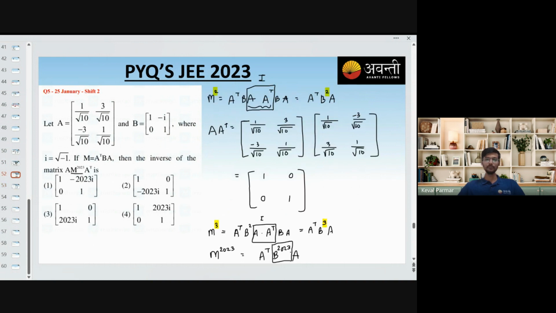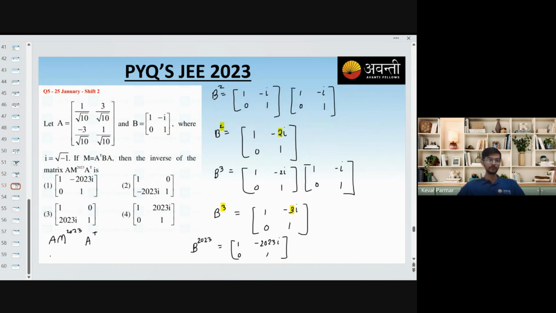A transpose B 2023 A. So A transpose B 2023 A transpose. This is I, this is I. So basically we have to find B raised to the power 2023 inverse.